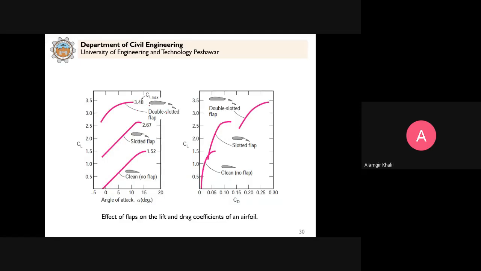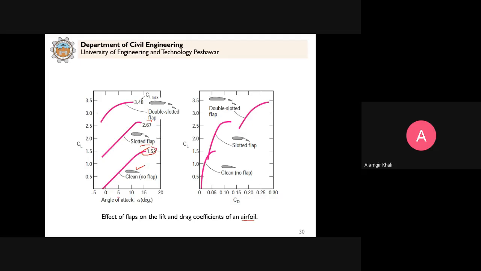Now you can see that when we have a clean, clear airfoil, if we do not have these slots provided, flaps, clear. So in this case, what will happen? You can see that the lift coefficient is 1.52.